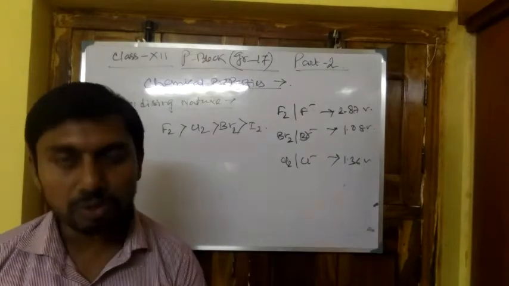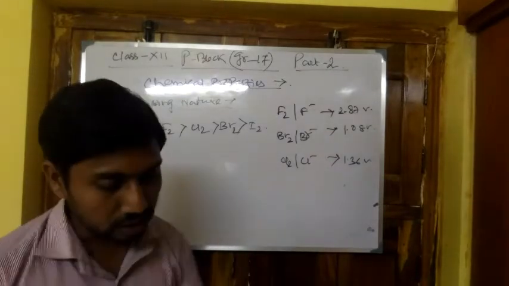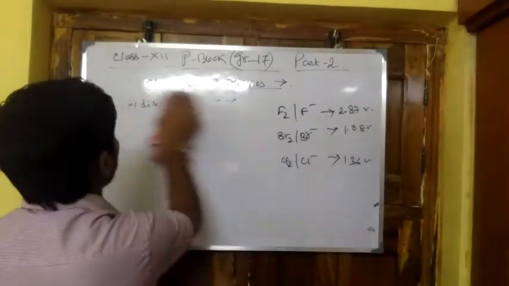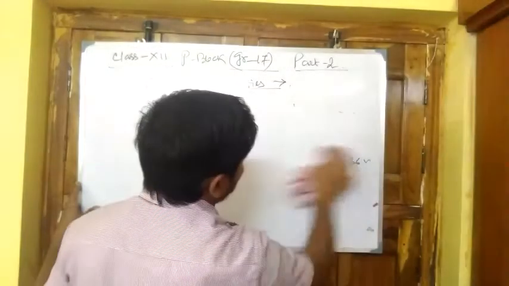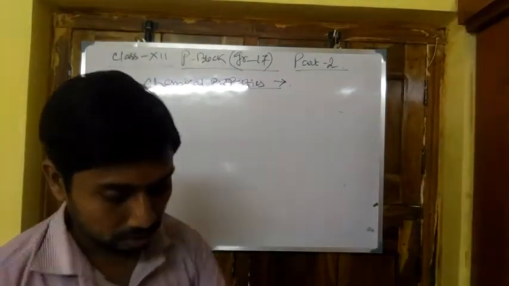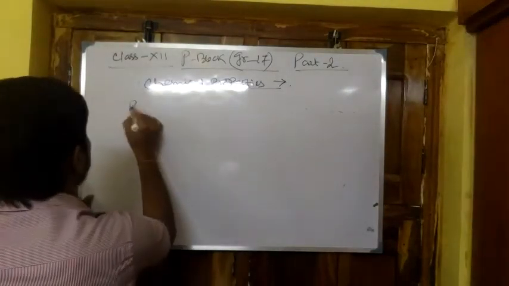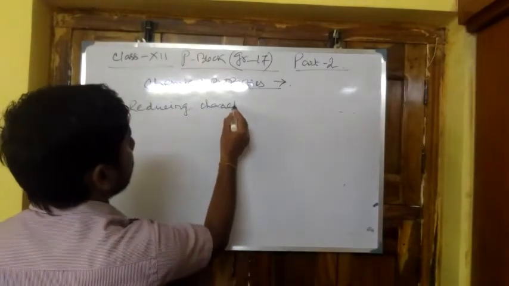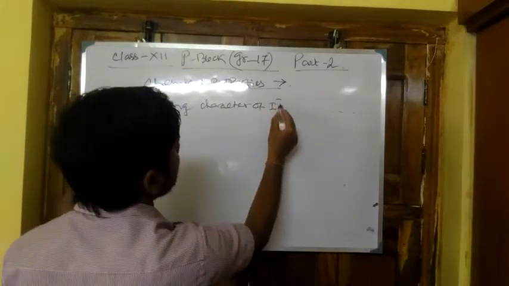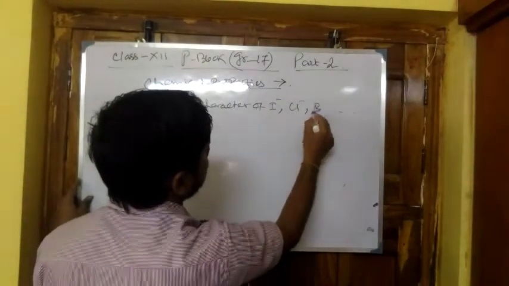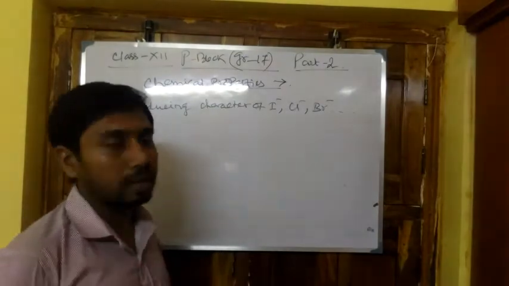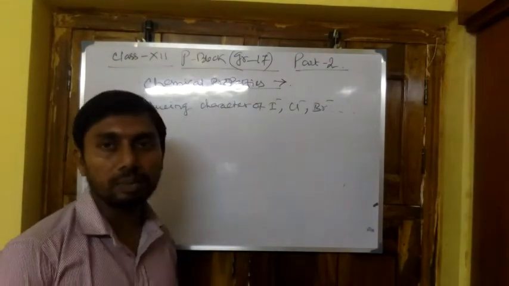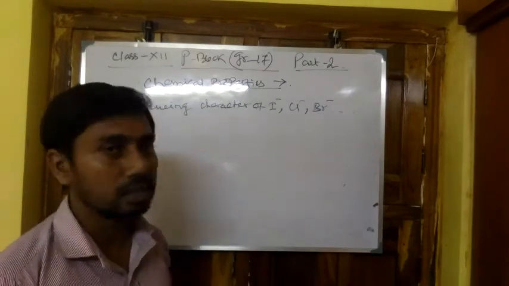Next, the reducing character. The question is, what is the arrangement of reducing character of I minus, Cl minus, and Br minus, but not F minus, because F minus does not form, because of higher electronegativity. It generally forms the -1 oxidation state.